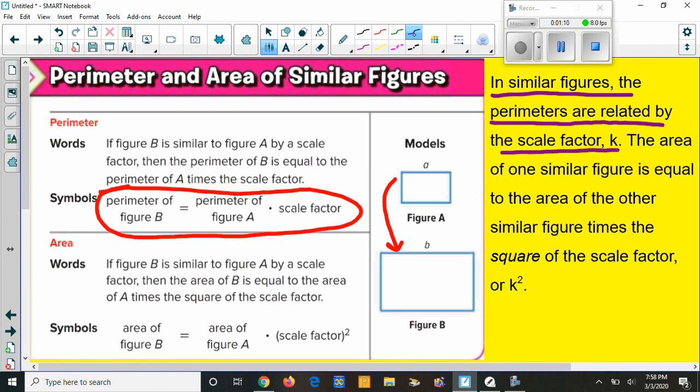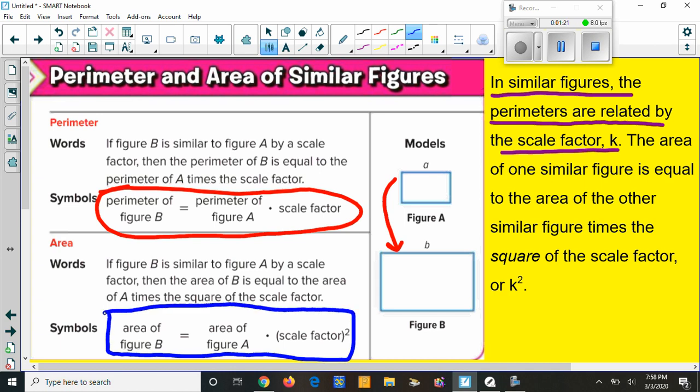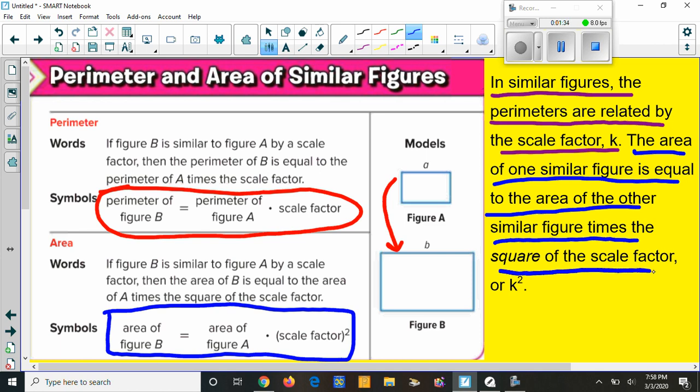The second one we're going to look at is area. And area varies a little different. For area, it says that the area of one similar figure is equal to the area of the other similar figure times the square of the scale factor, which we call K squared.